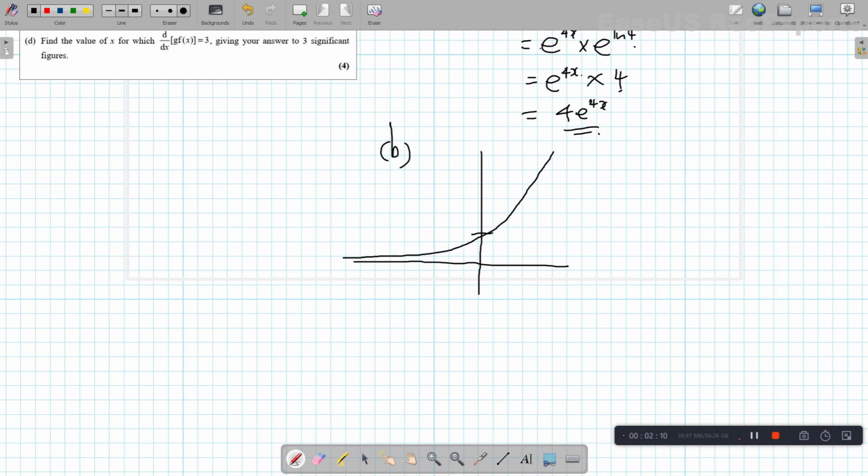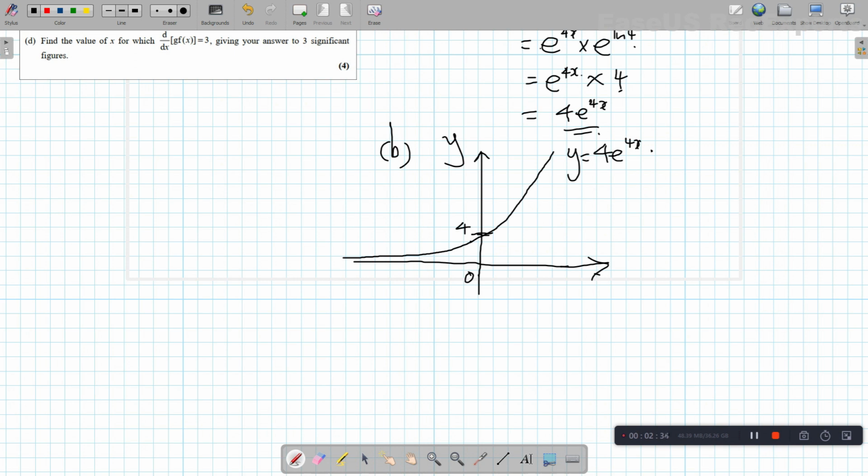So this is the y-axis and this is the x-axis. Since y equals 4e to the power of x, when x equals 0, e to the power of 0 is 1, so this has to be 4. So that's your graph.